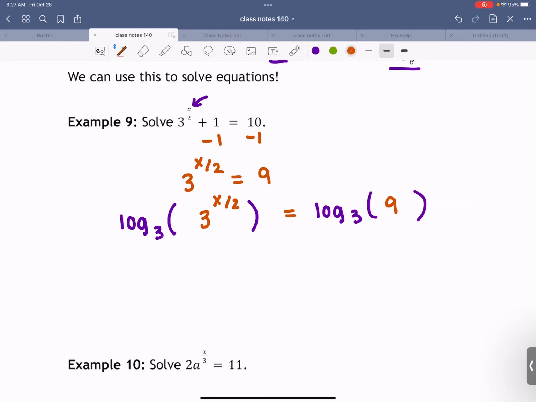Okay, on the left, we have log base 3 of 3 to the x over 2. Any ideas on what that would produce? Any ideas on how to simplify this? We haven't done it yet, so I don't expect you to know it, but any ideas? Somehow the log 3 and the 3 cancel each other out.